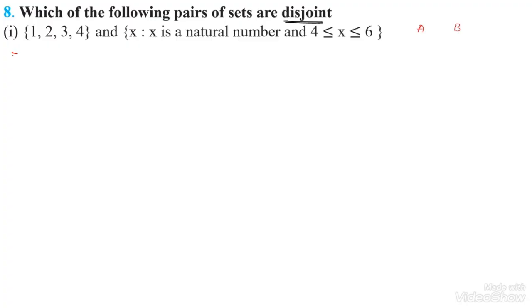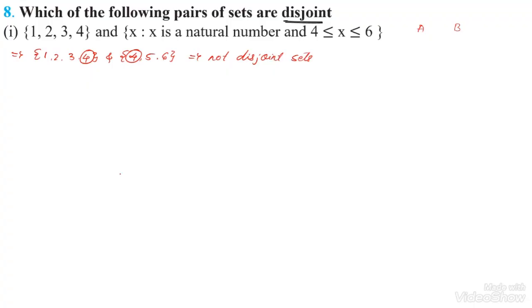So first I have to write the elements here. 1, 2, 3, 4, and x is a natural number less than or equal to 4. 4 should be included here. 5 and 6. Between these two sets, 4 is a common element. Therefore, these are not disjoint sets.